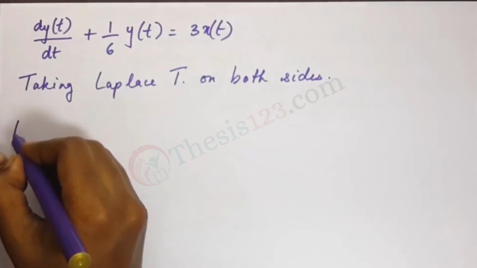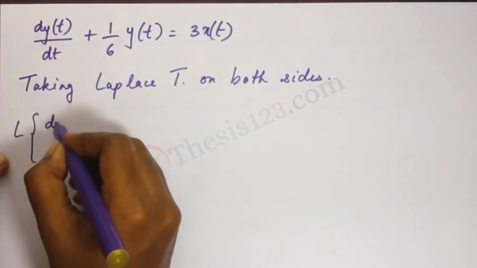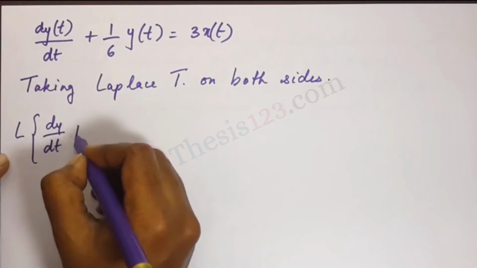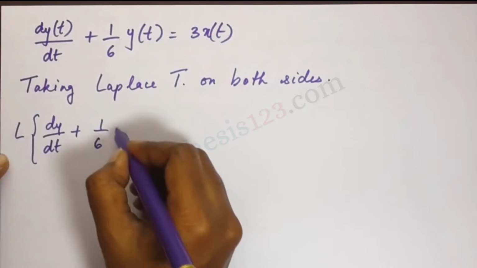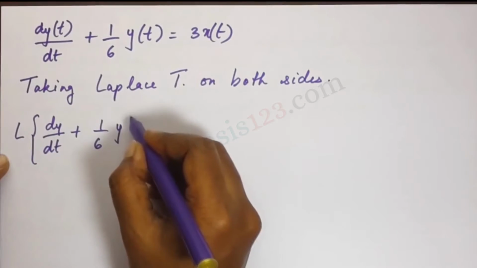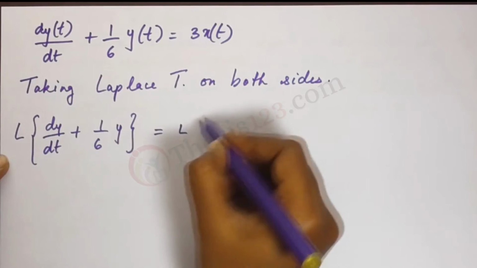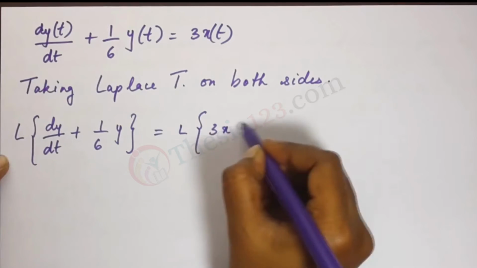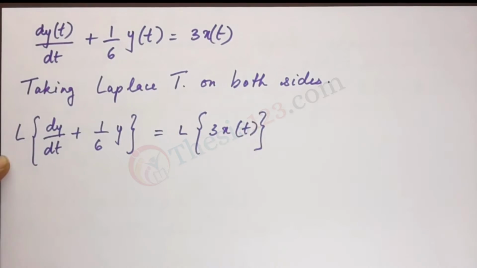So we write that as L of dy/dt plus 1/6 y is equal to L of 3x of t.